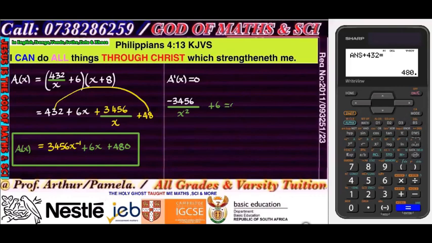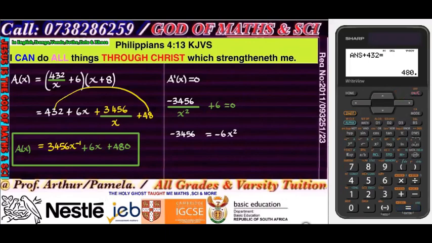All of that equals 0. So at the end, I've got negative 3,456 multiplied by x squared, and transposing the 6, it's going to be negative 6x squared.